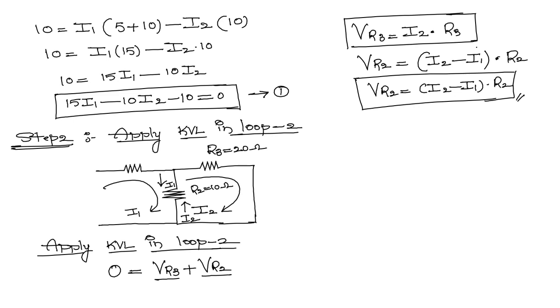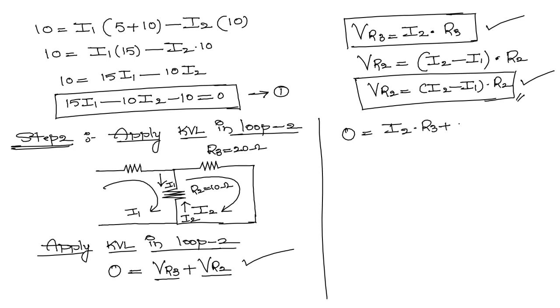Clear? Now we know the value of VR3 and VR2. Now substitute these two values in this particular expression, that is, the applied voltage: 0 is equal to VR3 plus VR2. VR3 is I2 into R3, plus VR2 is (I2 minus I1) into R2.